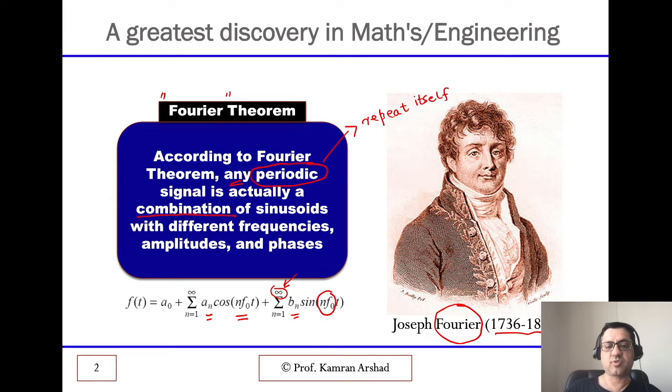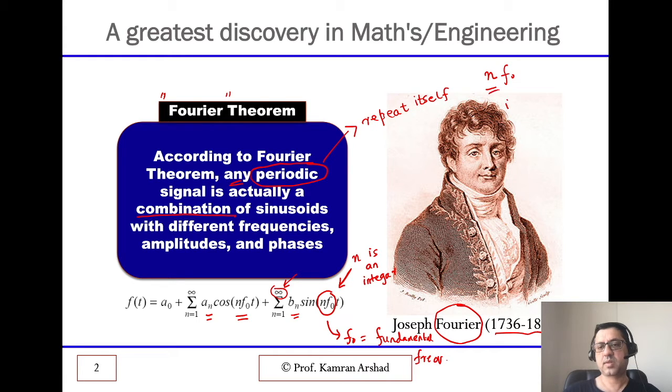He says n is an integer, so it simply means there is one frequency, f naught, and this f naught is the fundamental frequency of your signal. Then in your signal there are multiple frequencies, and all these frequencies are n f naught, meaning integral multiples of the fundamental frequency.